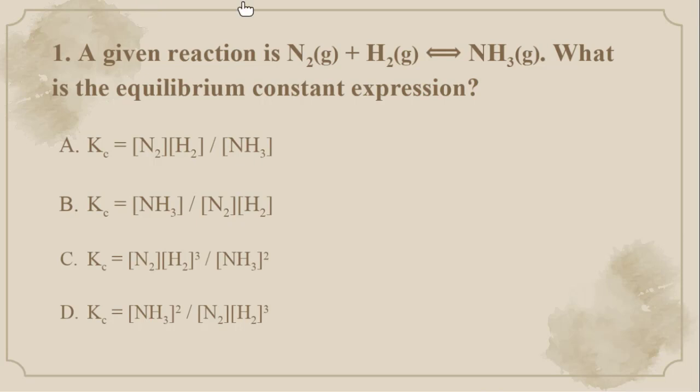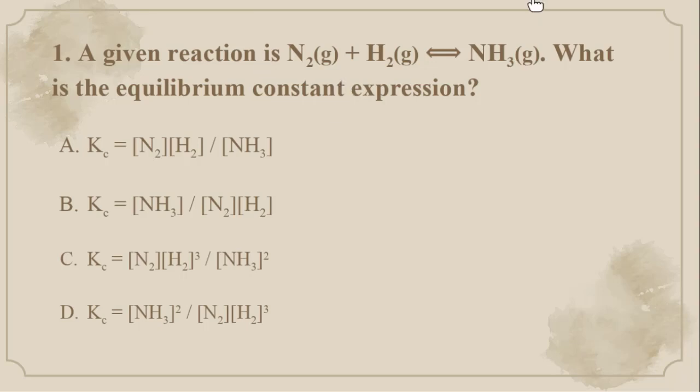So for the first one right over here, do you guys have any guesses how we would write our equilibrium constant expression? So when we're writing this, we want to do products over reactants, right?